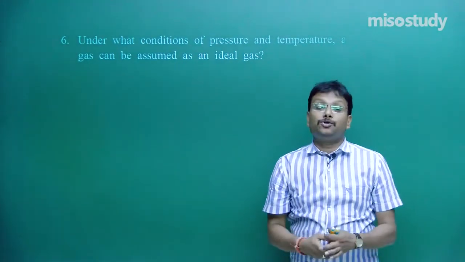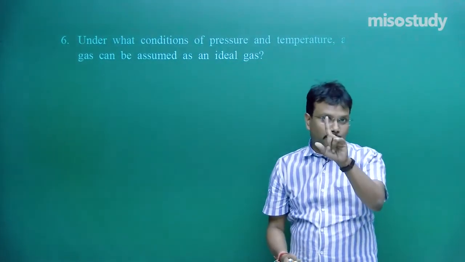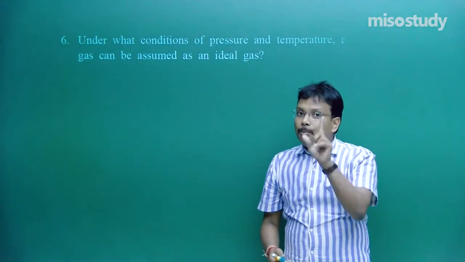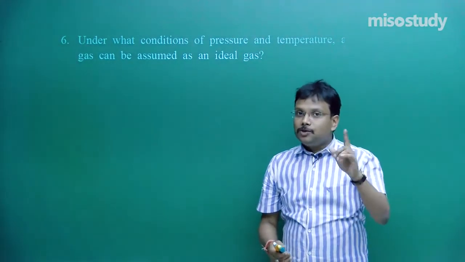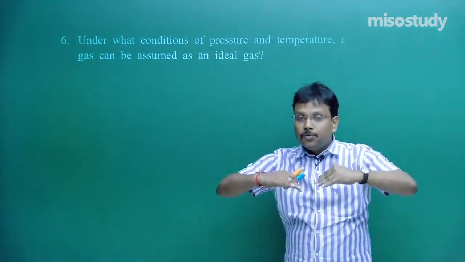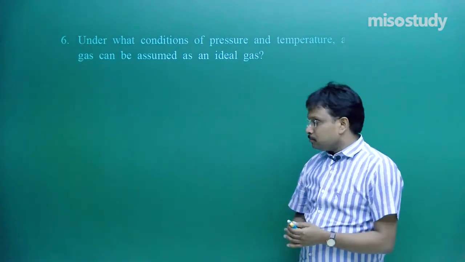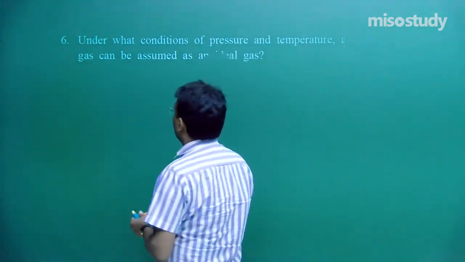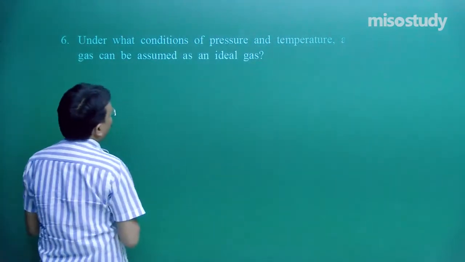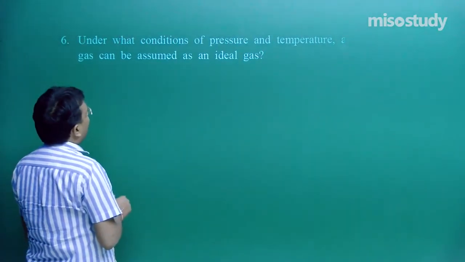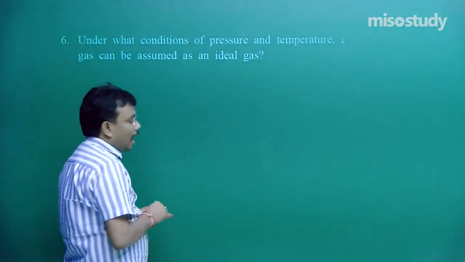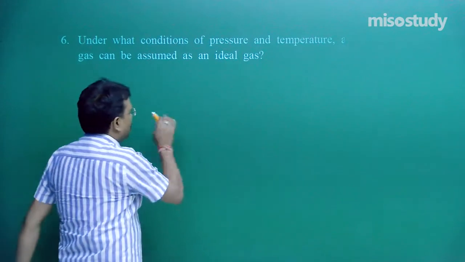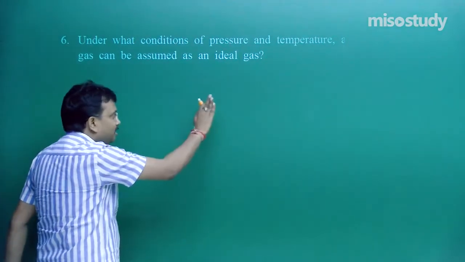I am just trying to show you the possibilities with one question. Depending upon the marks allocated, you have to enhance or reduce your answer. Fine. Now let's take a look over here. At what conditions of pressure and temperature can a gas be assumed as an ideal gas? First, read this line.